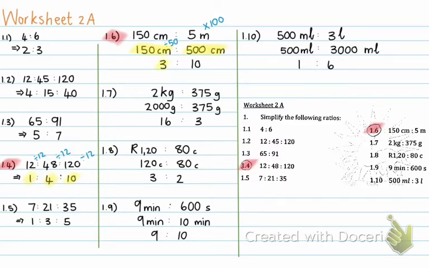And if I say 500 divided by 50, that's going to give me an answer of 10. And that is in its simplest form. You don't have to do those calculations in blue. I'm just showing you how I got the answer. Okay, those were the answers for worksheet 2A.